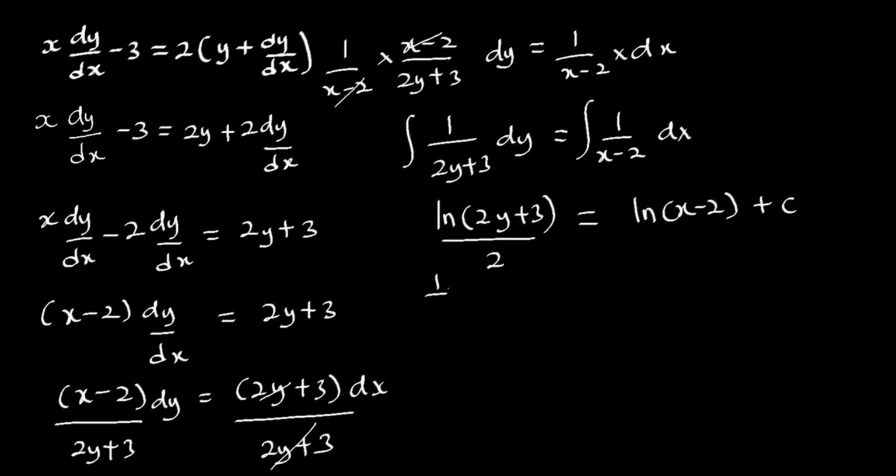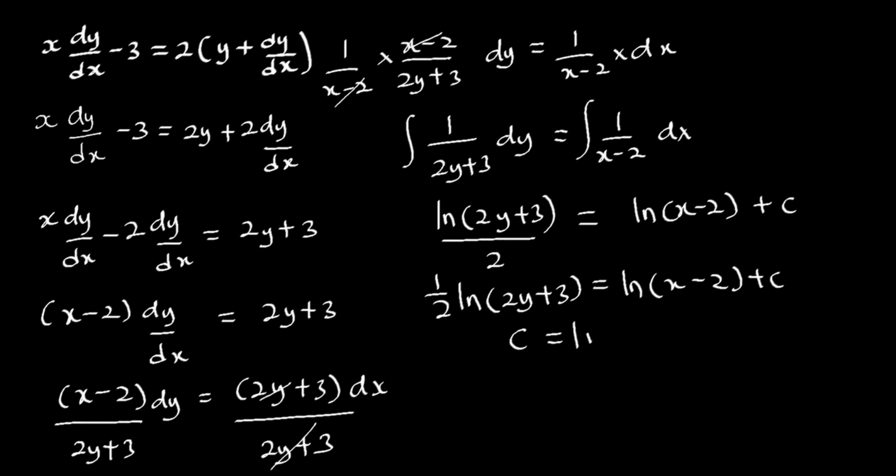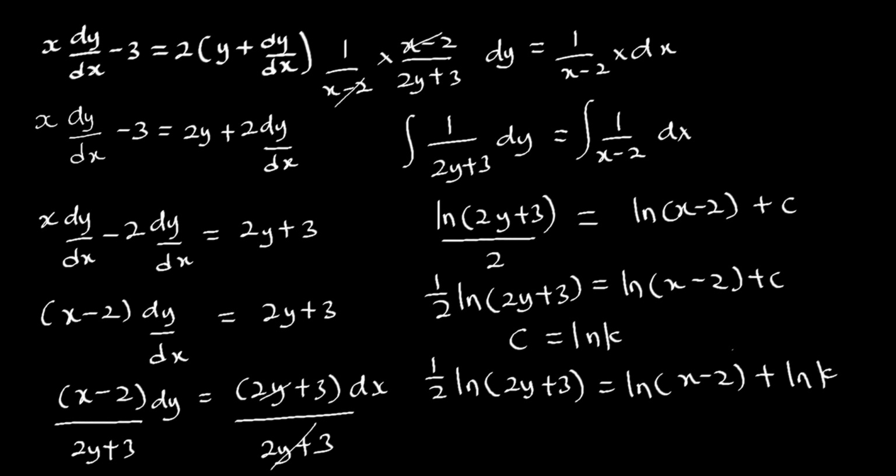So I will rewrite this as 1 over 2 ln of (2y plus 3) equals ln of (x minus 2) plus c. So for us to be able to simplify this further, I will represent the constant c with another constant ln of k. Okay, so you are going to have 1 over 2 ln of (2y plus 3) equals ln of (x minus 2) plus ln of k. This is what you are going to have.